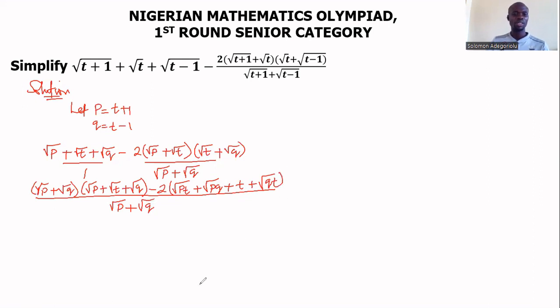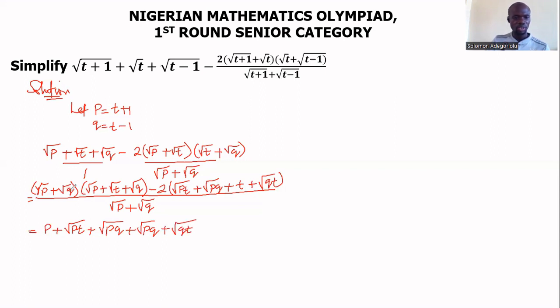Now let's expand this one. Root P times root P is P. Root P times root T is root PT. Root P times root Q is root PQ. Next, root Q times root P gives plus root PQ. Root Q times root T is root QT.